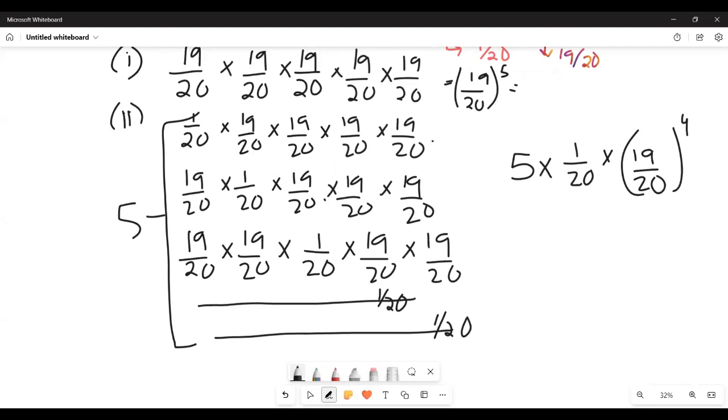So this would be the probability: 1/20 into 19/20 power 4 times 5. 0.204 is the answer with me. Into 5 जरूर करना होता.